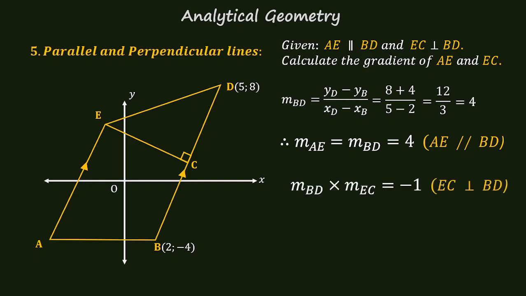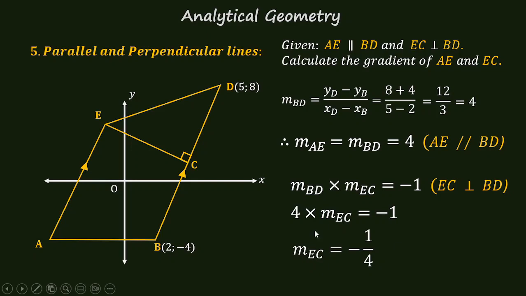So this is where we start. We know that the gradient of the straight line BD multiplied by the gradient of the straight line EC must give us -1, because the two lines are perpendicular to each other. We already have the gradient for BD, it's 4. If we substitute, this will give us the gradient for EC.